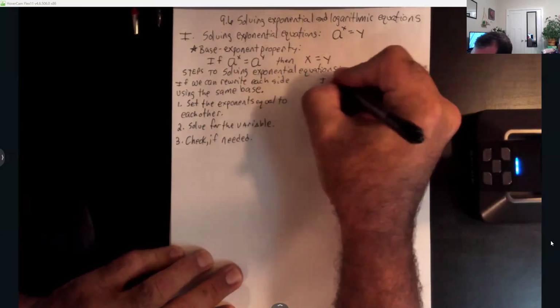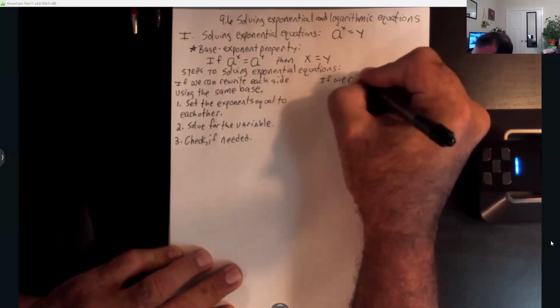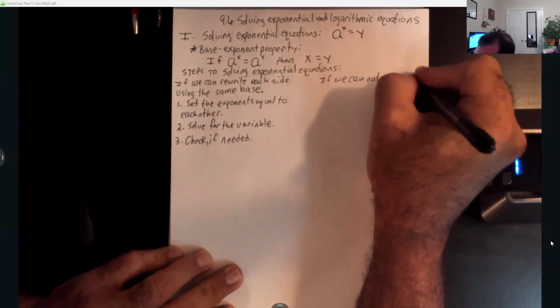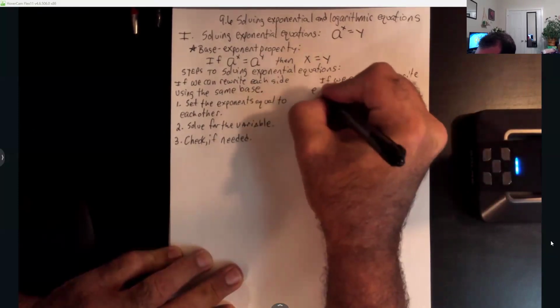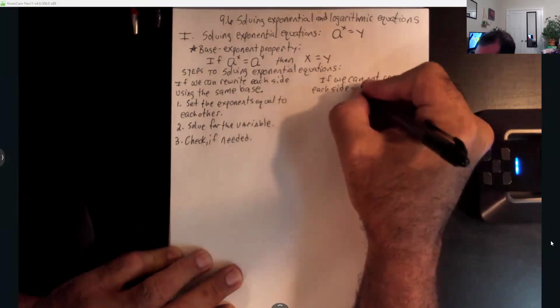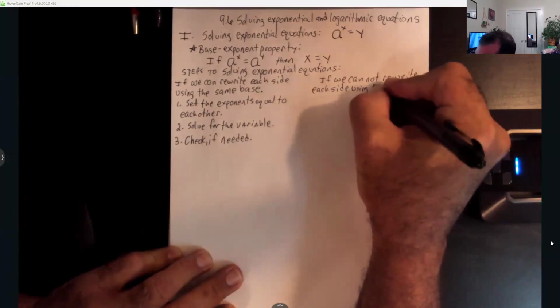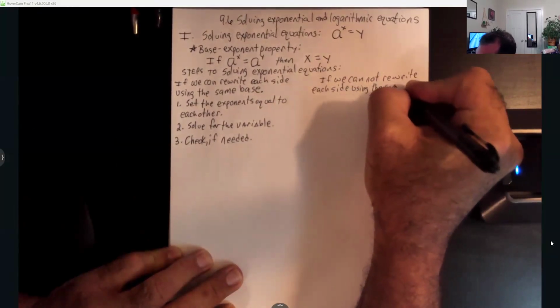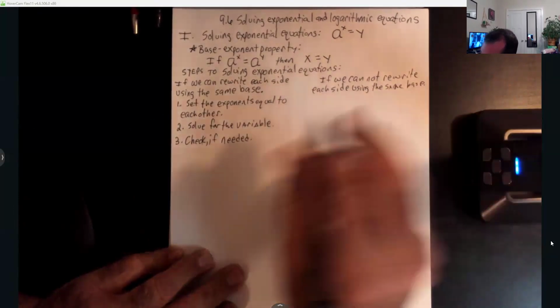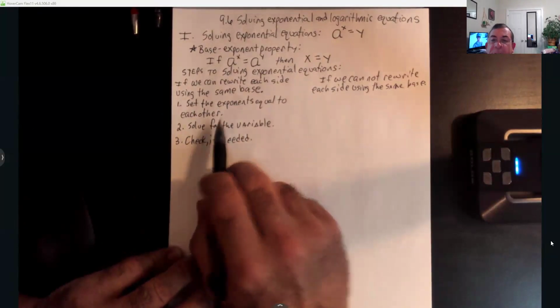If we cannot rewrite each side using the same base, so if I can rewrite them, I'm doing these steps.